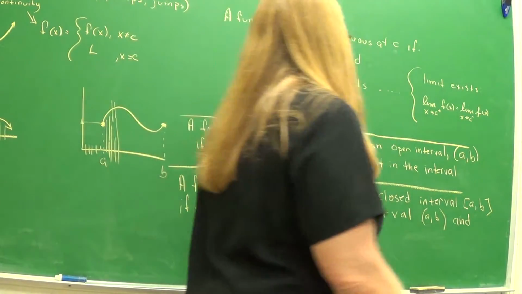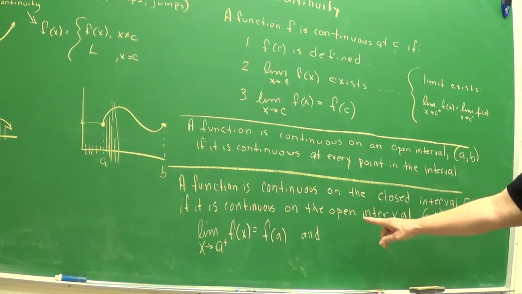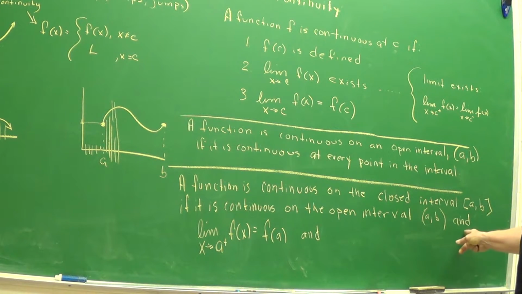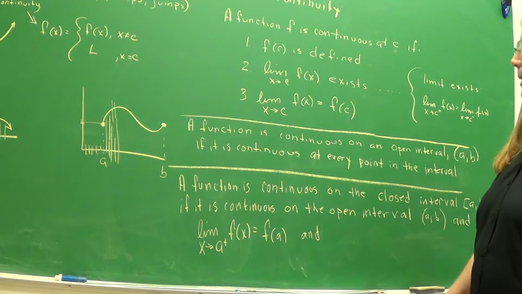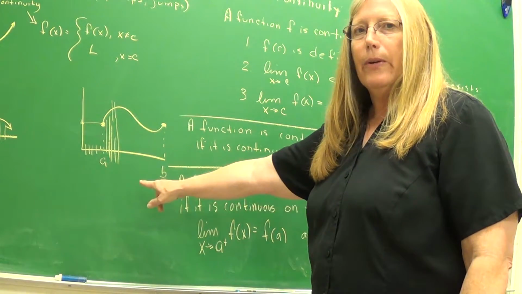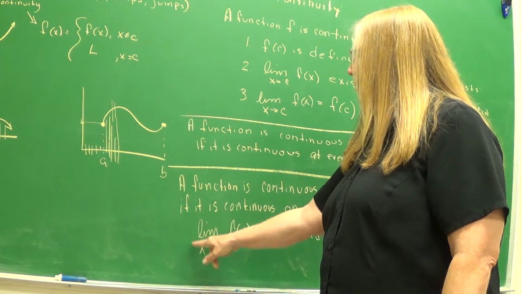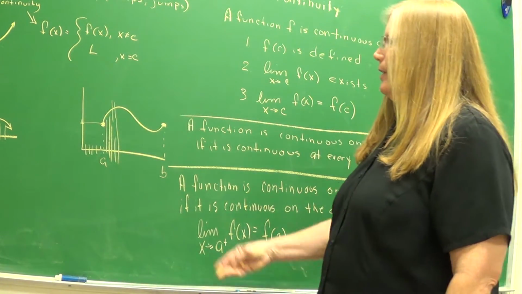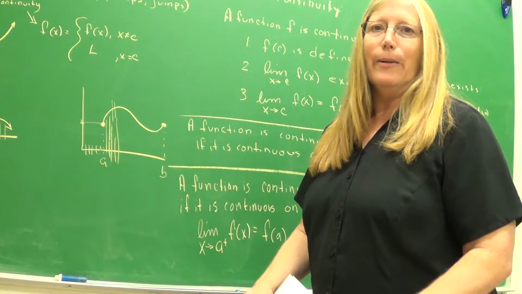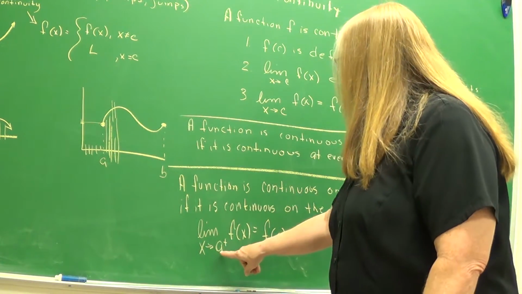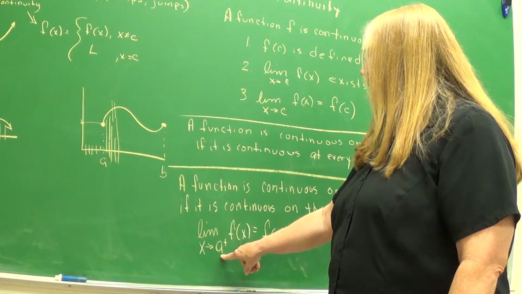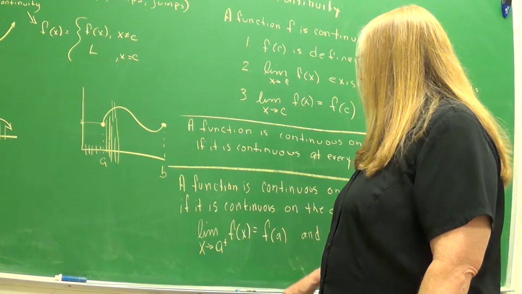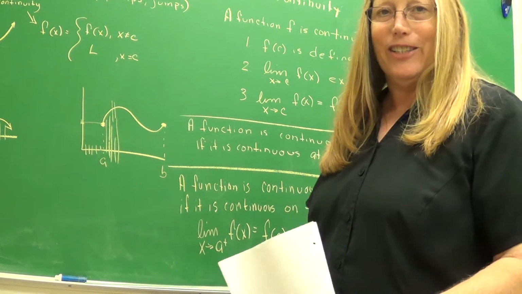A function is continuous on the closed interval [a, b] if it is continuous on the open interval, so all the points between a and b, and now we have to look at the endpoints. At the endpoint a, on the left, we're only requiring a one-sided limit, the limit from the right, because the function doesn't exist on the other side. So we are only requiring the limit to exist from one side, and it will equal f of a, so there's not going to be a badly behaving function there.